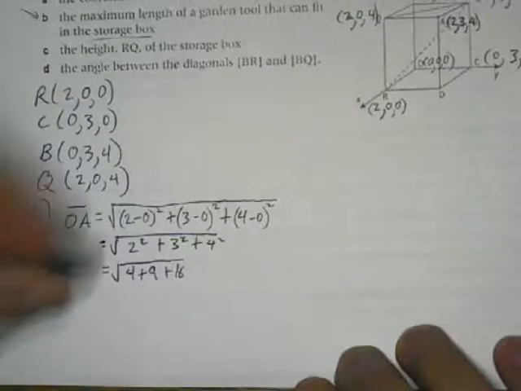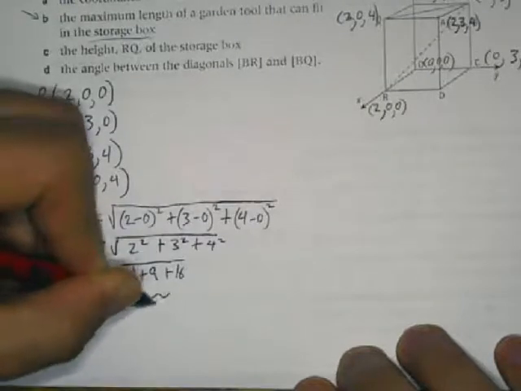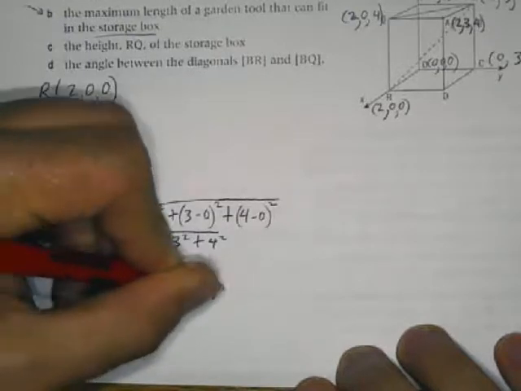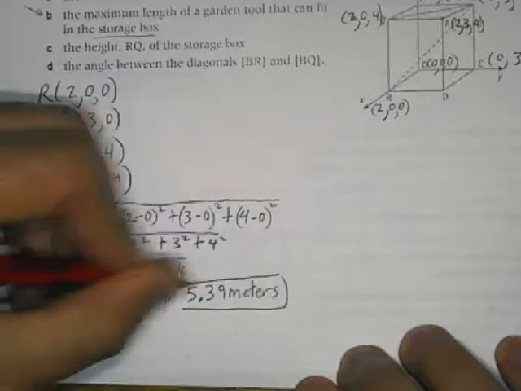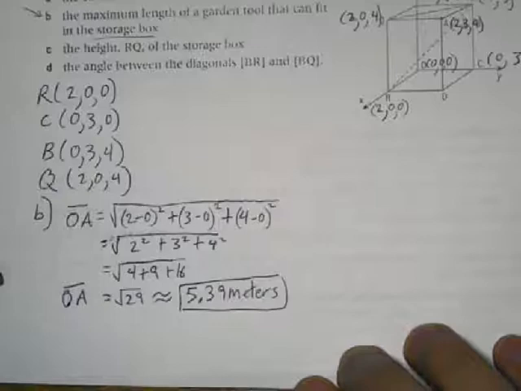And that equals the square root of 29, which is approximately equal to 5.39 meters. And that's the length from O to A, the diagonal.